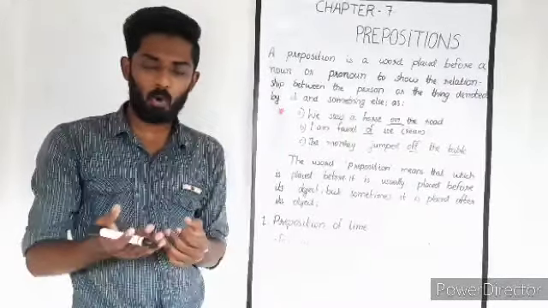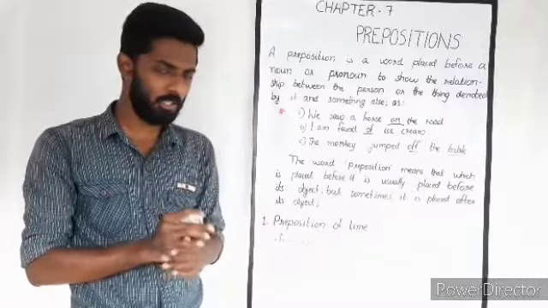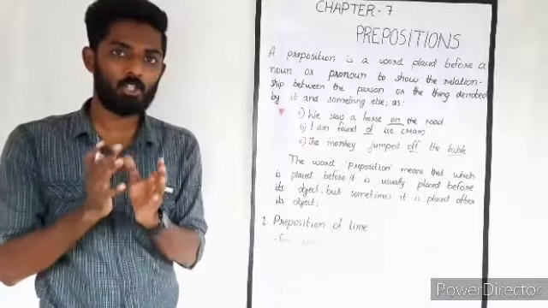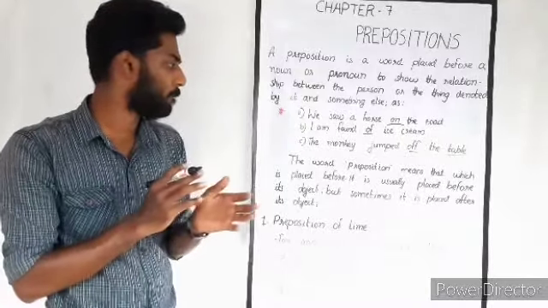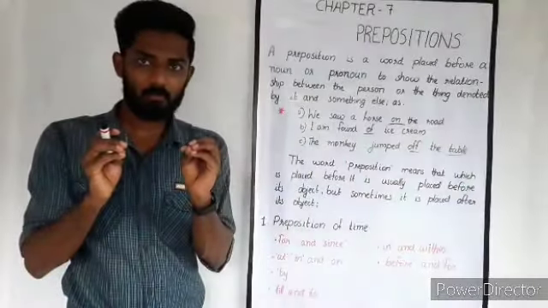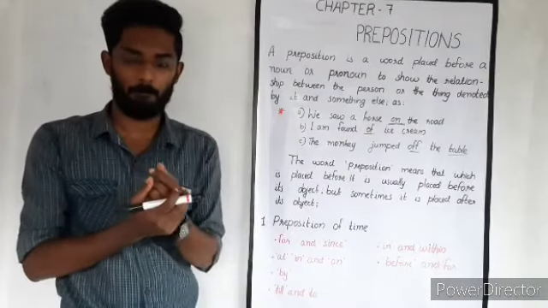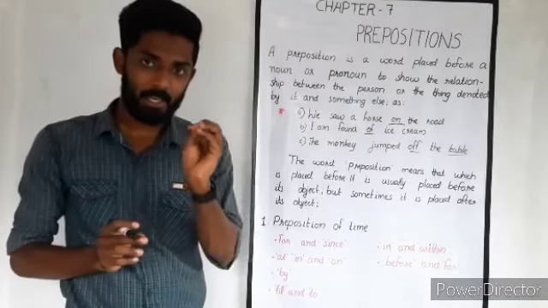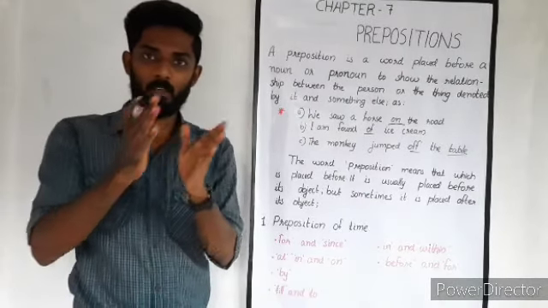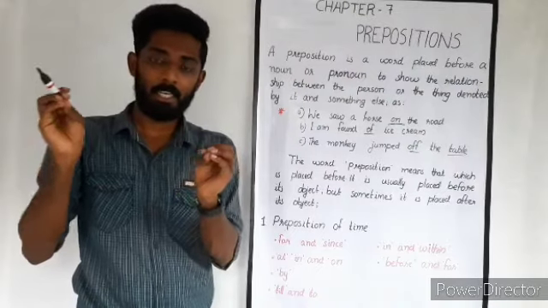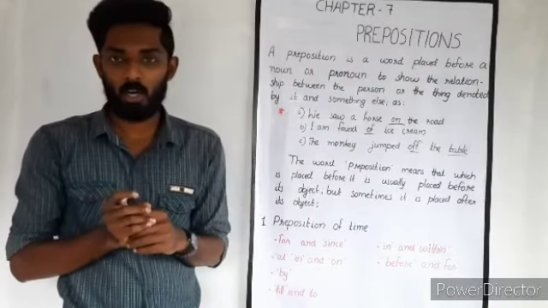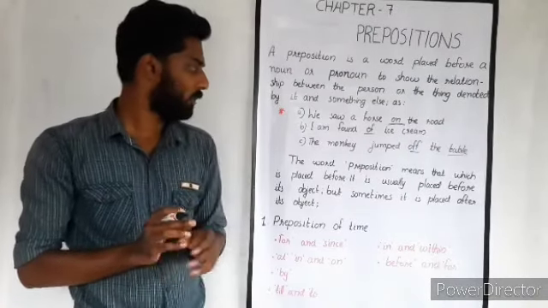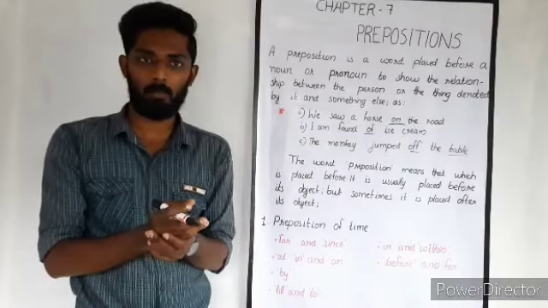Here across is the preposition, and the hill and the plain are its objects. The preposition joins these two objects. That is another thing which we have to keep in mind.